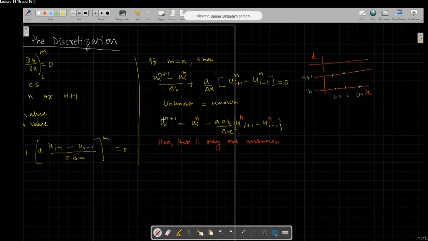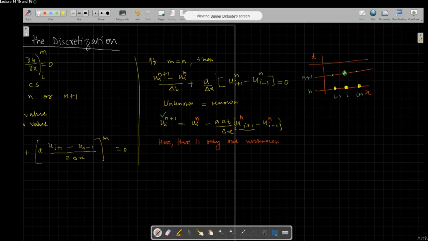This uin plus 1 value is expressed in terms of uin, this value, minus ui plus 1 n, this value, plus this value, I minus 1 value.